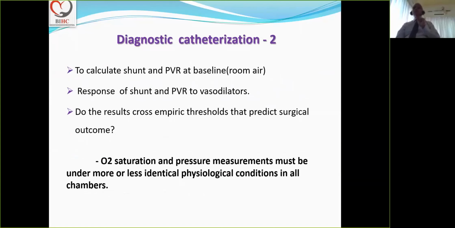When you do this, there are empiric thresholds that have been laid down to say that beyond this value, surgery is unlikely to have a favorable outcome. As I said, the clinical assessment with the echo and the ECG are very important, but taken along with that, oxygen saturation and pressure measurements do help you in taking a decision on operability in borderline cases.